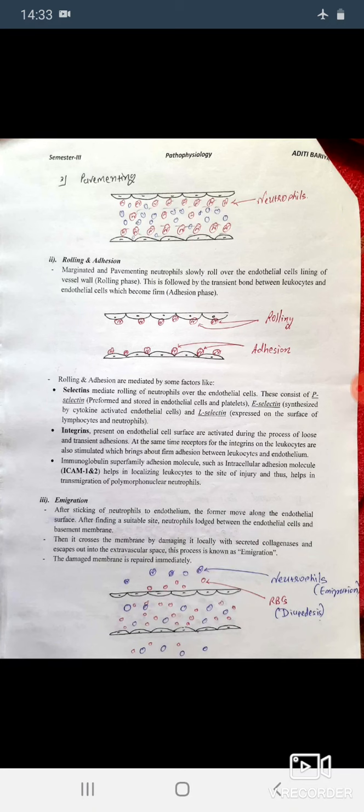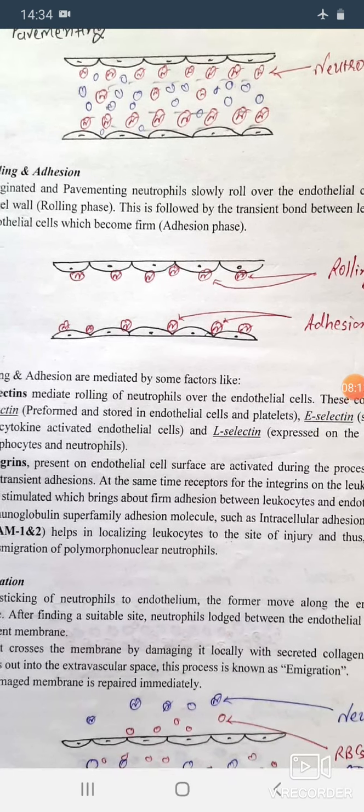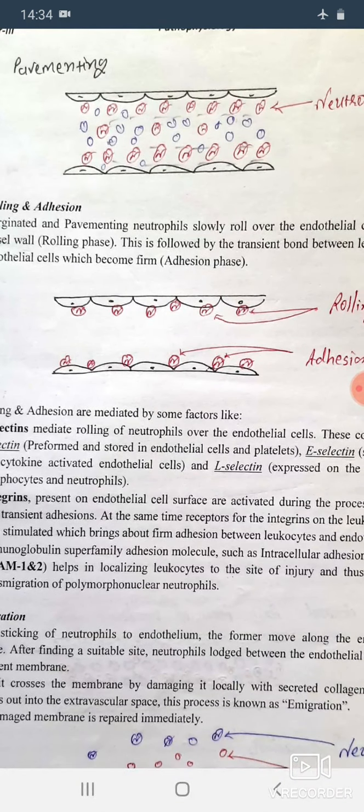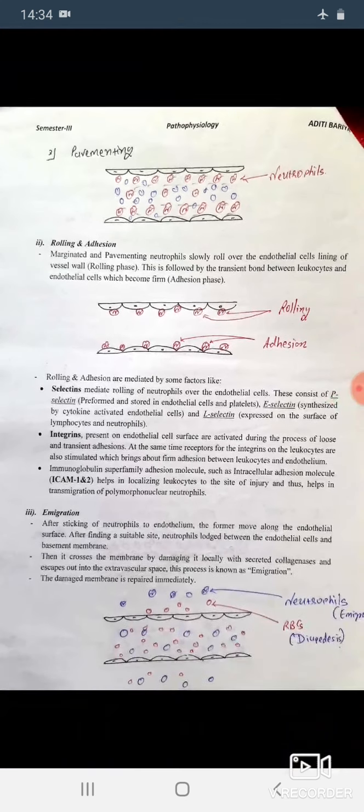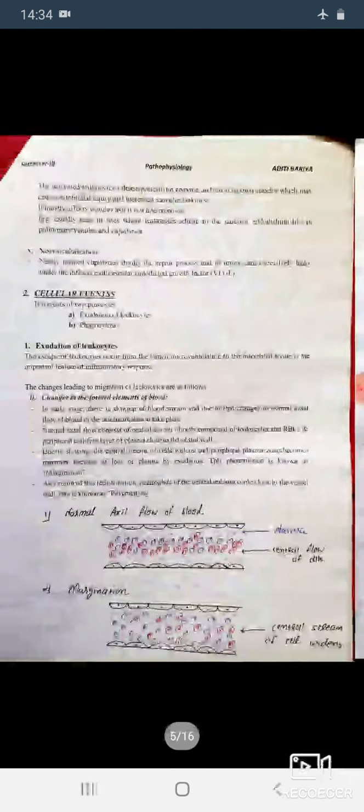In margination, all the cells come close to the blood vessel wall, but in pavimenting particularly neutrophils come close to the blood vessel wall. You can see I have drawn these cells as N. Neutrophils are red colored with N, so that you can see in the image the neutrophils come closer to the blood vessel wall, and that is called pavimenting.